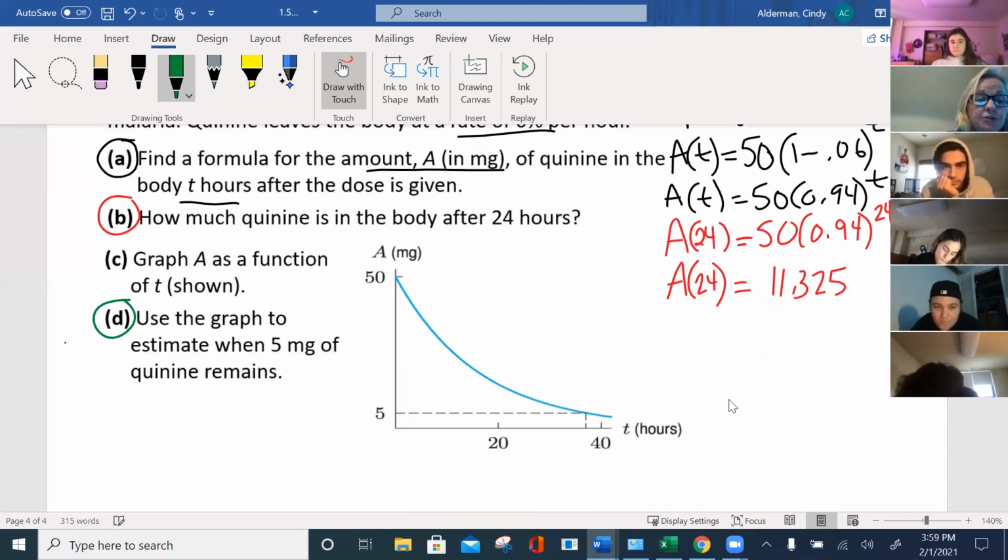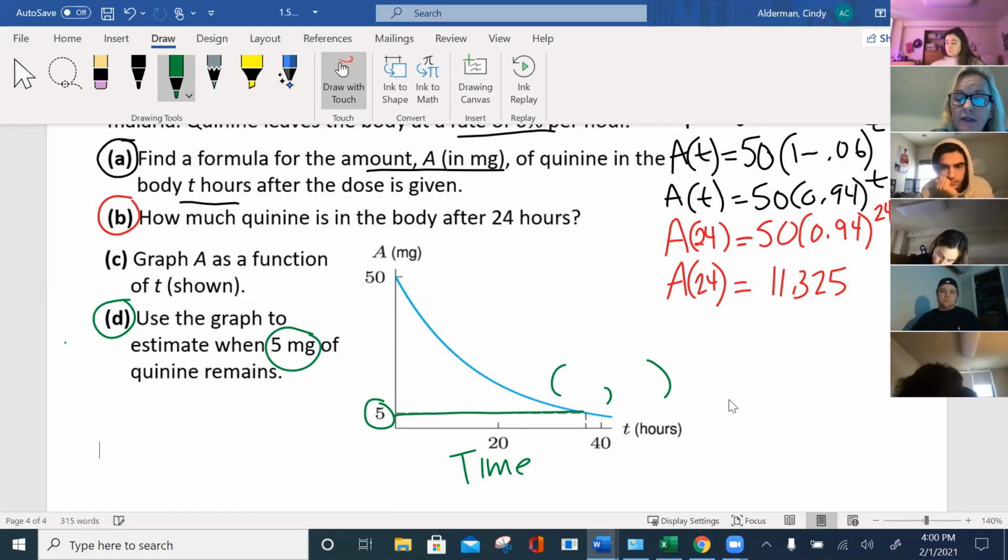But question D says use the graph to estimate when 5 milligrams of quinine remains. So this is time, and this is what we're interested in, right? The 5 milligrams. So we would want this number on the graph that corresponds with this time right here.